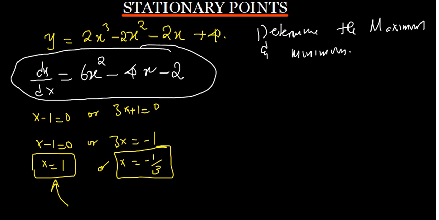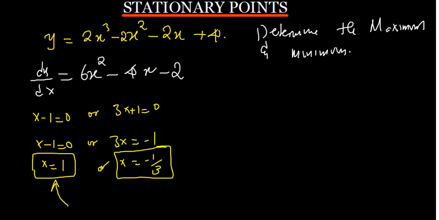Okay, so what I'm going to do is this one which we have here, to determine which one is a maximum and which one is a minimum, I'm going to differentiate it again. Now this is already dy over dx. If you differentiate it, it gives you what we call d2y over dx2. This is called the second derivative. So in other words, differentiate this again, all right? So 2 times 6, that is going to give us a 12.